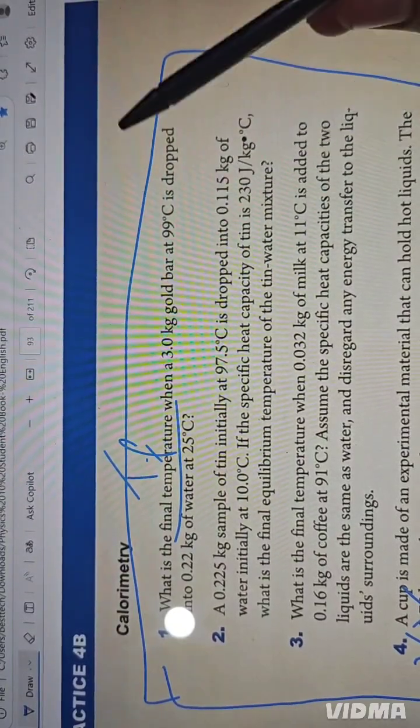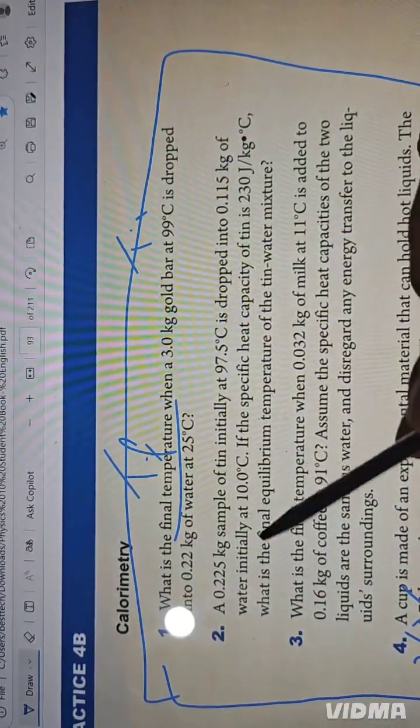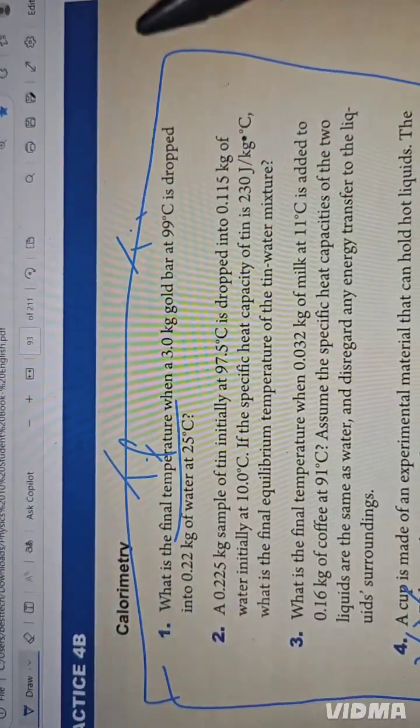This 99 Celsius becomes the initial temperature, the first temperature. How do we know? Because the question says find final temperature, of course that one becomes the initial temperature.